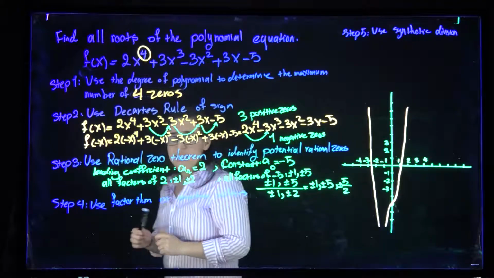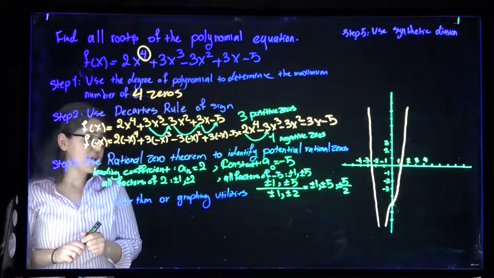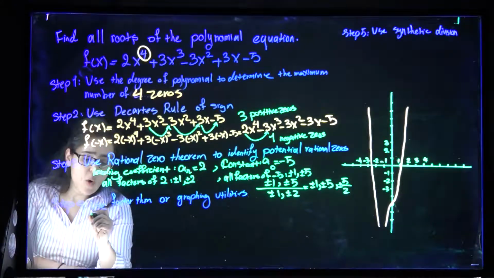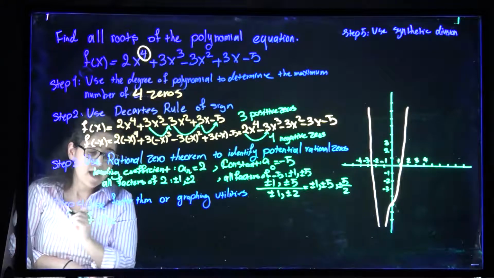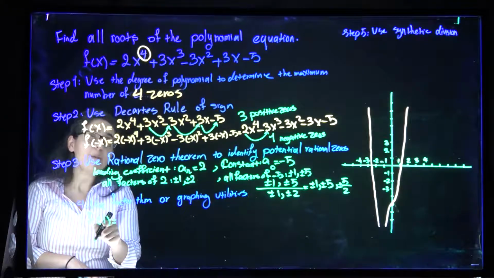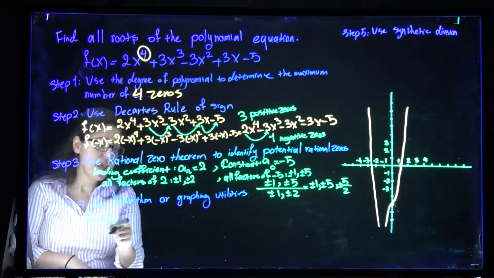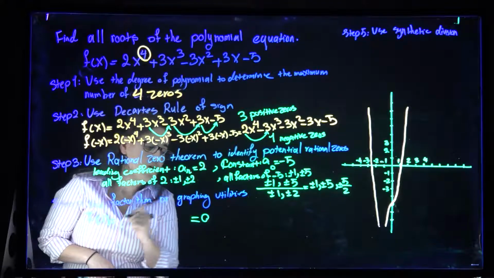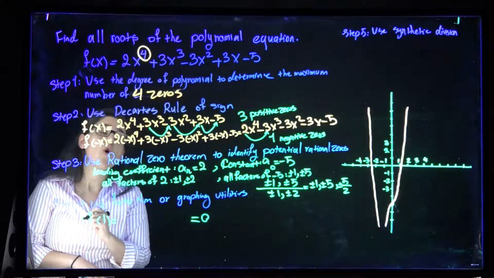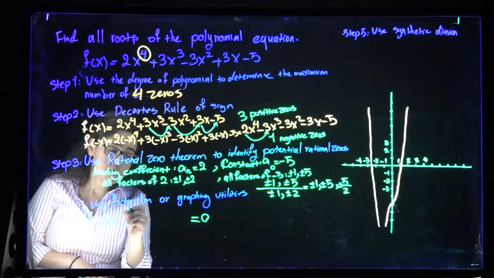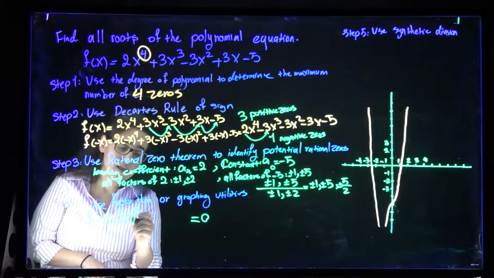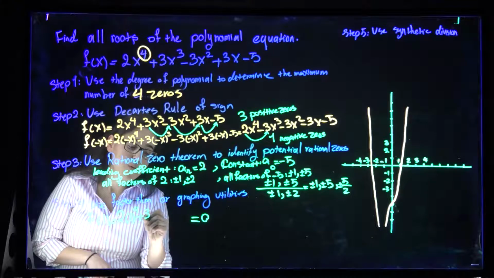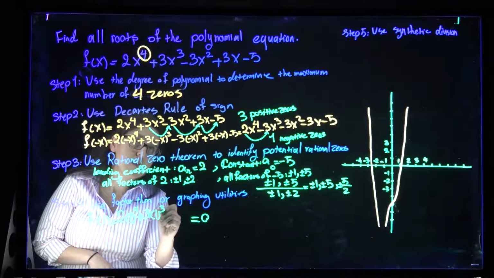But for checking that, I can use the factor theorem. I can go ahead and just simply plug in 1 into my function. If I plug in 1 into my function and I end up having 0, that means 1 is one of the zeros. So let's try that. Just plug in 1 instead of x.